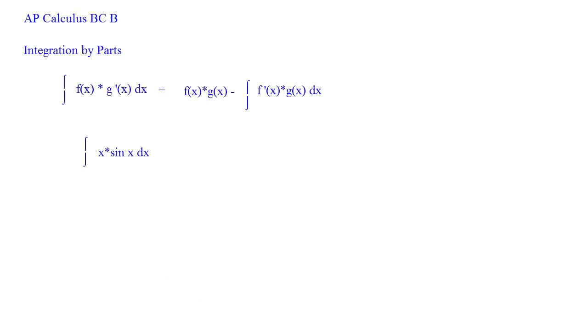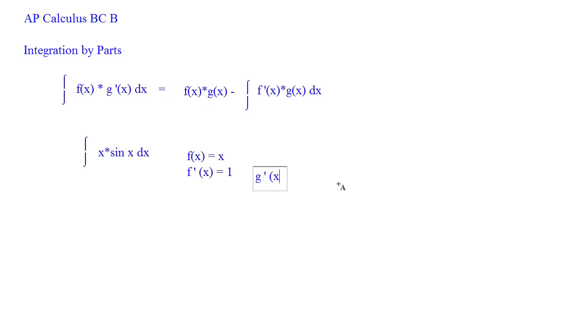Let's say we want to integrate x times sine of x dx. First off, you're going to want to pick what f of x is going to be, and I bet everyone can pick out that it's going to be x, which means f prime of x is going to equal 1. Then set up your g prime of x.